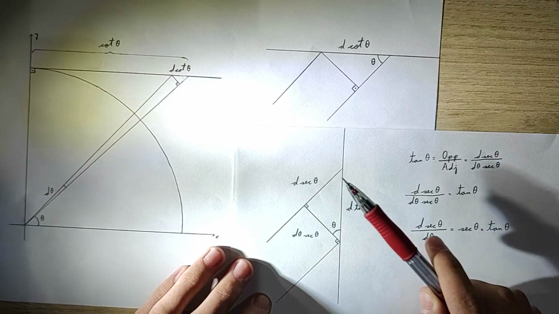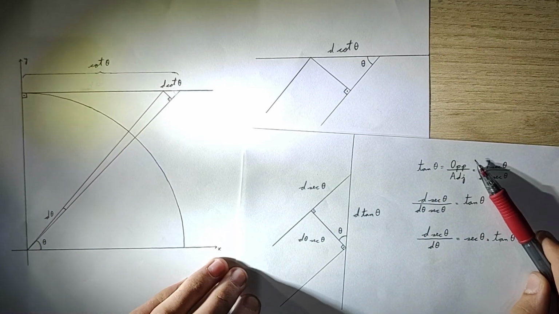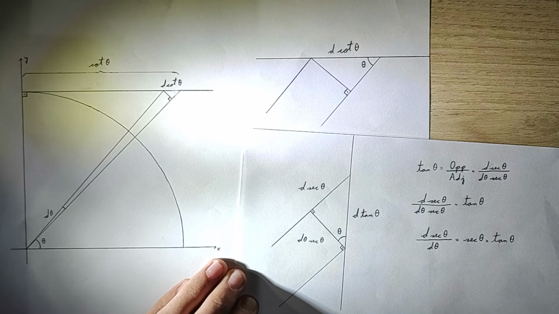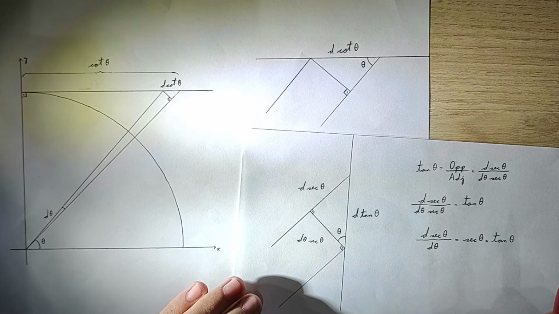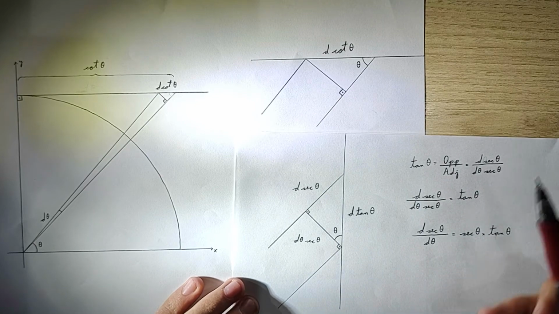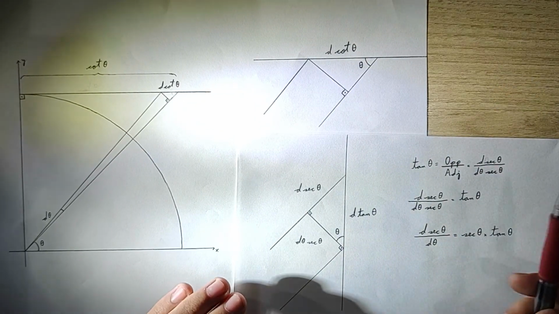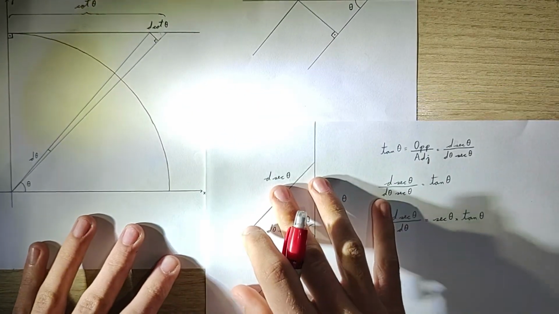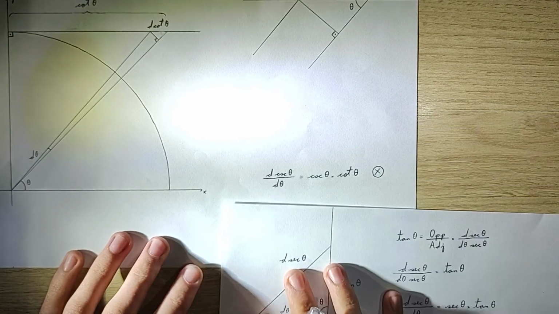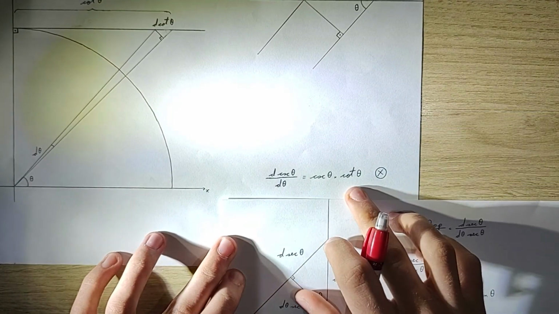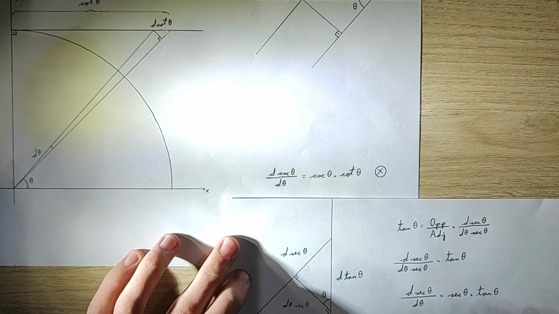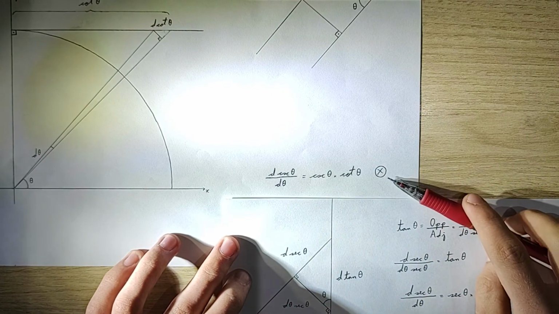The only difference is, once again, the sign of the expression we get, because if we go on with this process and discover the derivative of the cotangent, we will get that it is, spoiler alert, cosecant of theta times cotangent of theta, which is not quite true.